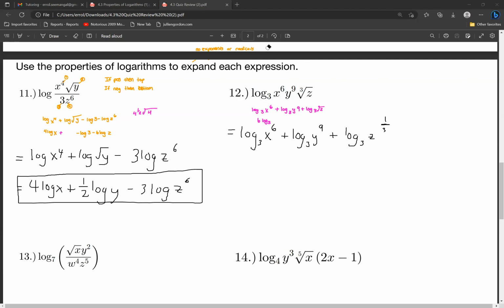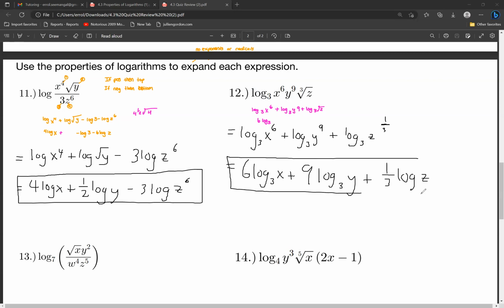Yeah, you can bring down the exponents. 6 log 3 x plus 9 log 3 y plus 1/3 log 3 z. There's your final line. Just bring down the exponents into the front.